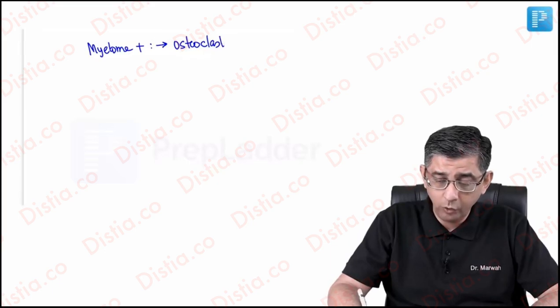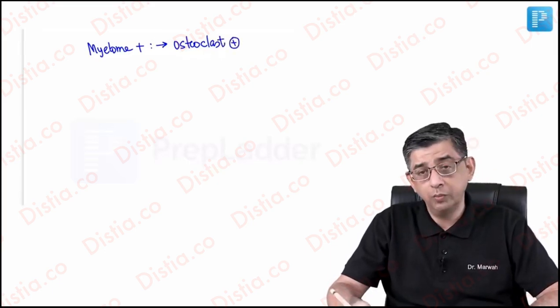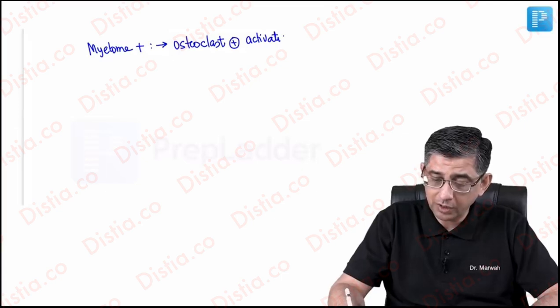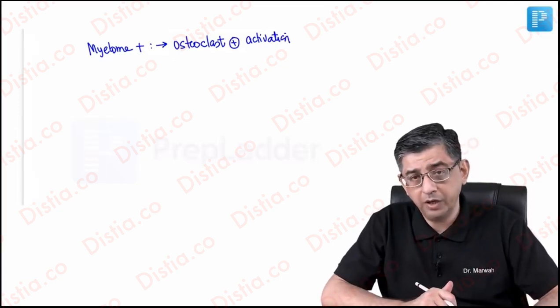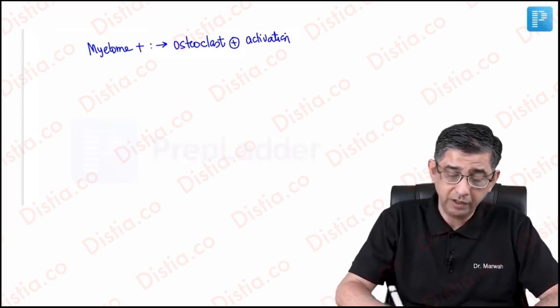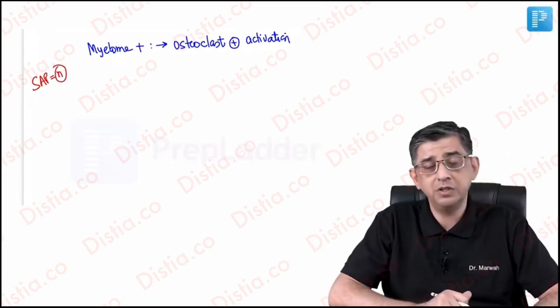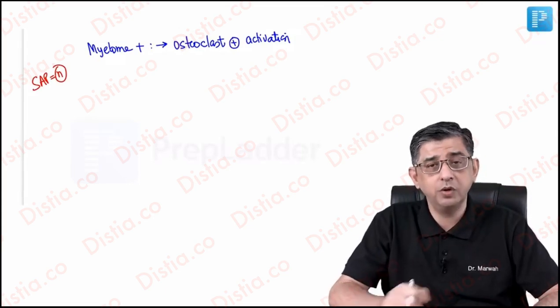Now, what are these myeloma cells actually producing? There is damage to the bone of the patient. So they're activating the osteoclasts, and as a result the bone destruction occurs. This also tells you why in all MCQs of multiple myeloma they love to ask you about serum alkaline phosphatase, because serum alkaline phosphatase is not related to osteoclasts.